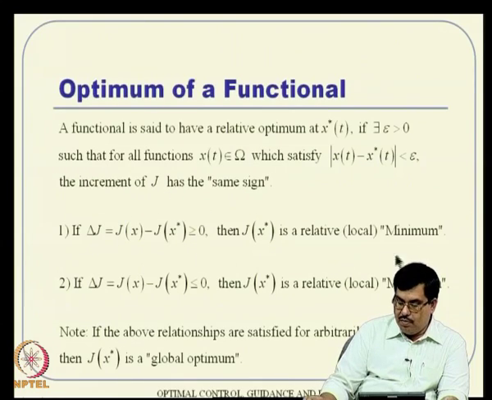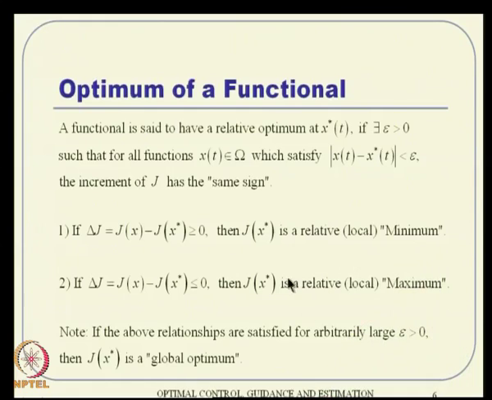If you are talking about a minimum, then delta J, J of x minus J of x star, should always be positive, no matter what kind of variation you talk about, either up or down or whatever it is. Irrespective of the variation, delta J will keep on being positive. That means J of x star has a local minimum. Similarly, if delta J is less than 0, then J of x star has a local maximum. And if the relationship is satisfied for arbitrarily large values of epsilon, then J of x star is said to have a global optimum.